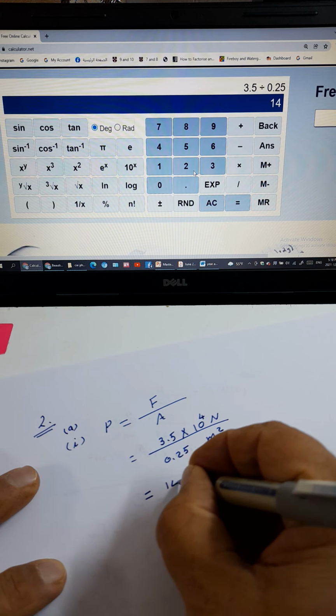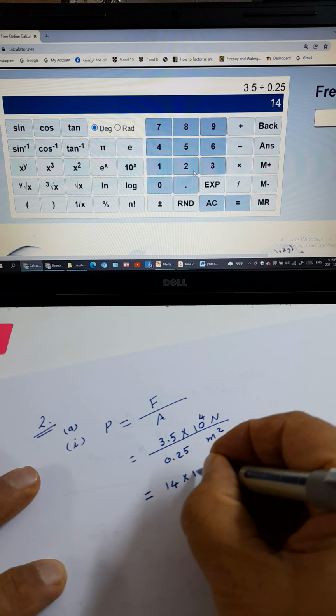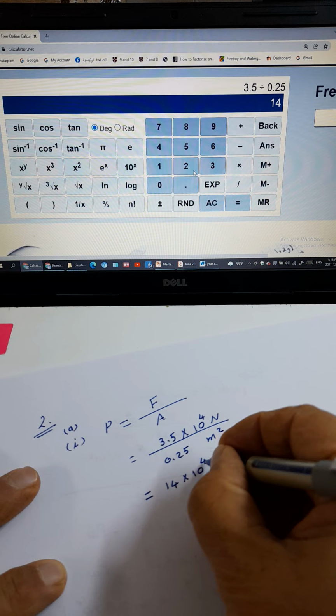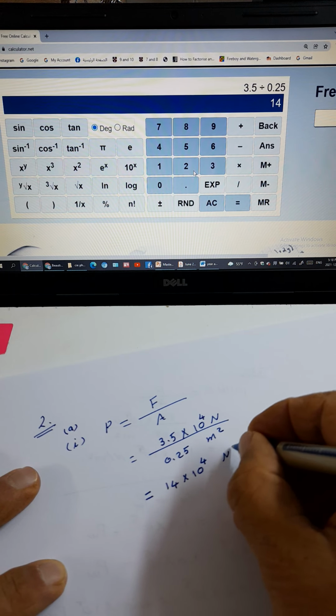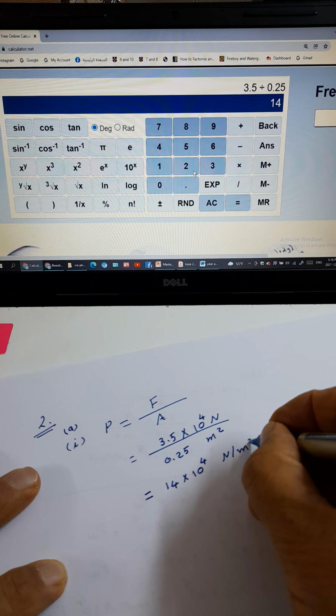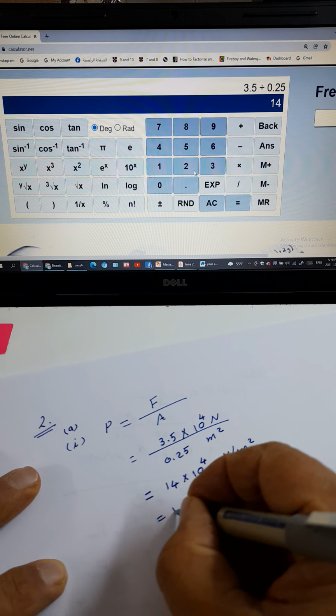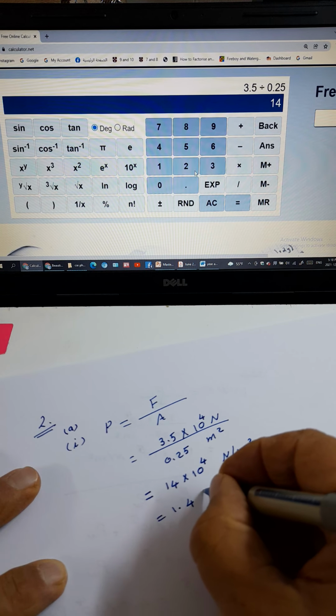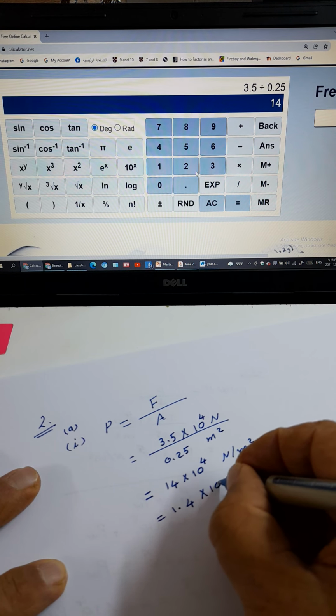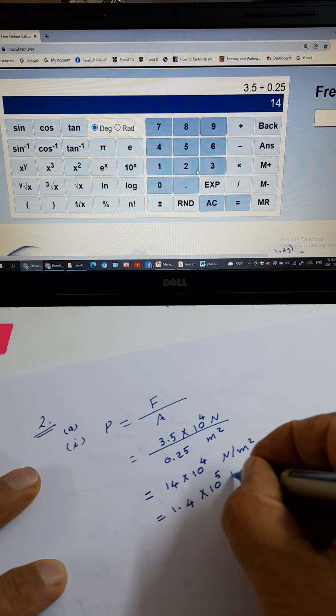Equals 14 times 10 to 4 Newton per meter squared equals 1.4 times 10 to 5 Pascal.